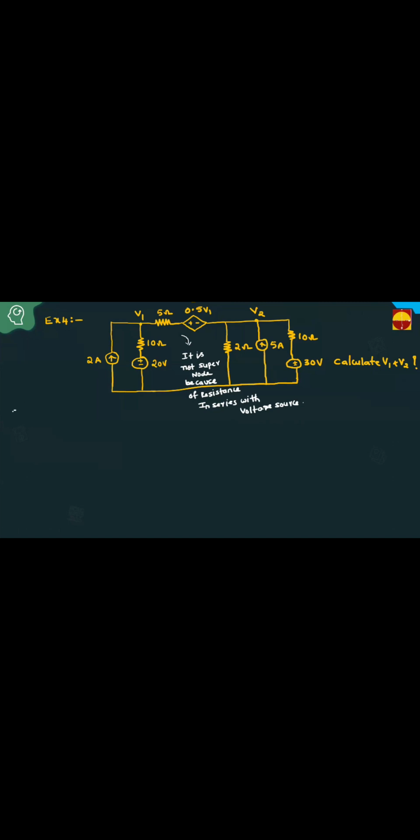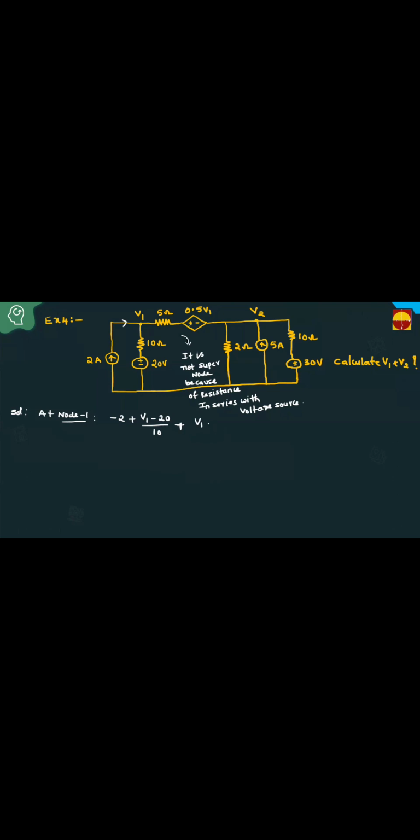Then first, at node 1. If you apply nodal analysis at node 1, this 2 ampere is entering, so minus 2. Then V1 minus 20 by 10, plus V1 minus this drop.